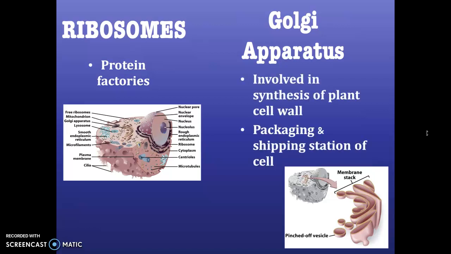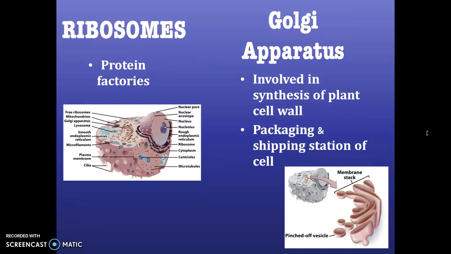The Golgi apparatus, as mentioned earlier, okay, is a very, very important structure. In plant cells, this is where the synthesis of the plant cell wall occurs. The Golgi apparatus will take in glucose molecules, if you remember, and it will change those glucose molecules into cellulose, and then that cellulose can be used to make cell wall.